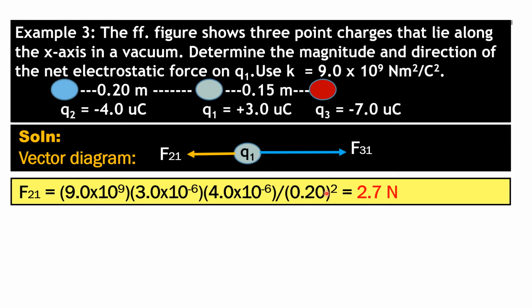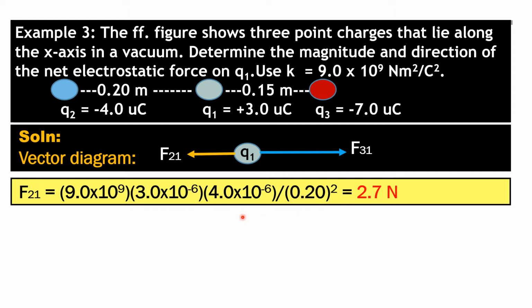Let's start. For F21, of course, we use the Coulomb's law formula: K times the absolute value of Q1 multiplied by the absolute value of Q2, divided by the separation distance between the two charges concerned, such as Q2 and Q1.